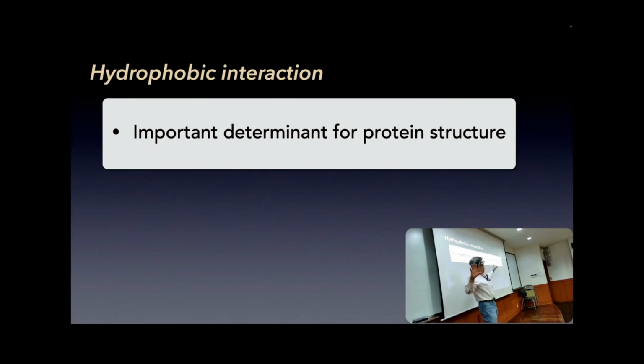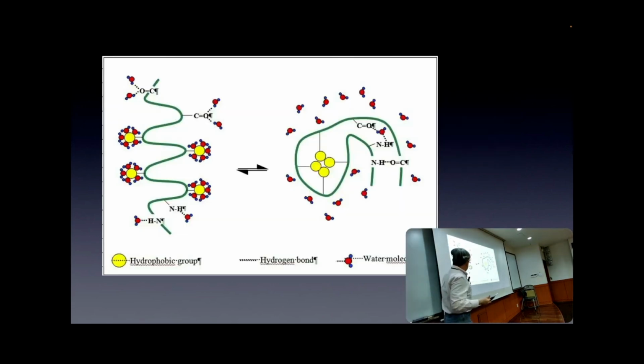Immediately when the protein is being formed, this big belly area, which is hydrophobic, will fold to reduce contact with water due to this hydrophobic interaction. That's the first step of correct protein shape formation. So hydrophobic interaction is very important in protein structural formation. Otherwise this hydrophobic area will be covered with the water, which is not good.